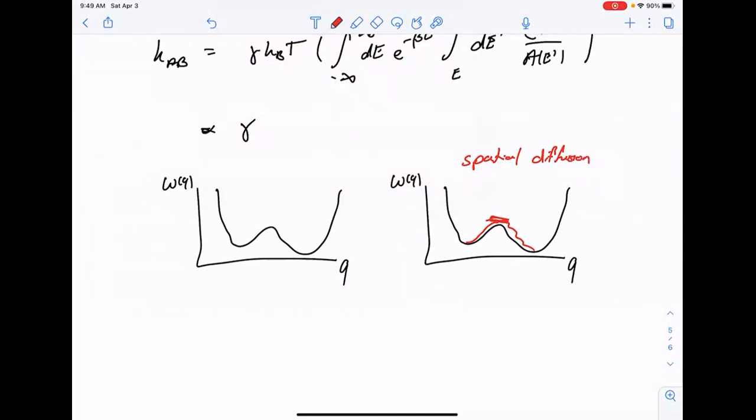In the energy diffusion limit, we get to the top of the barrier and we have to wait for energy to come out of the system.